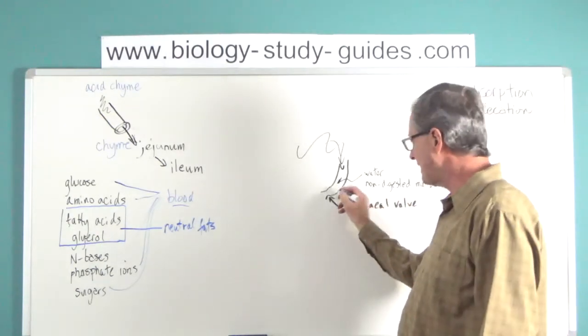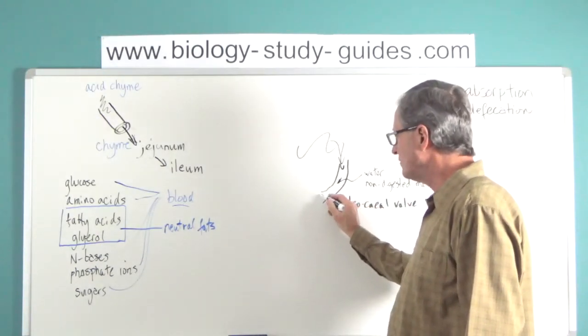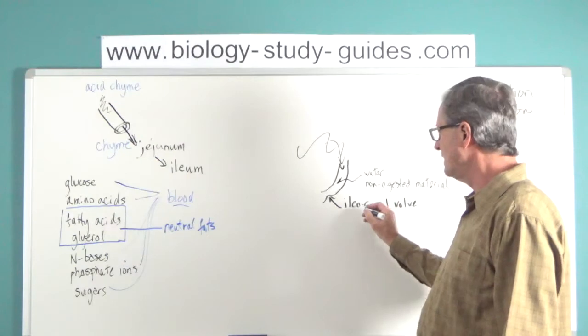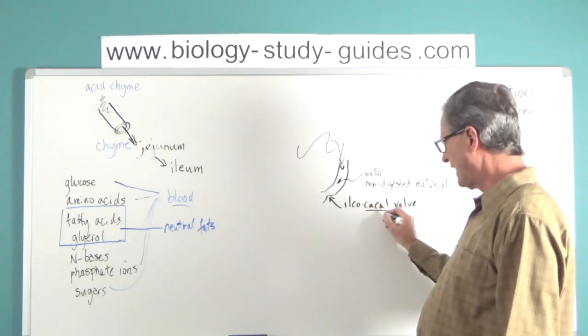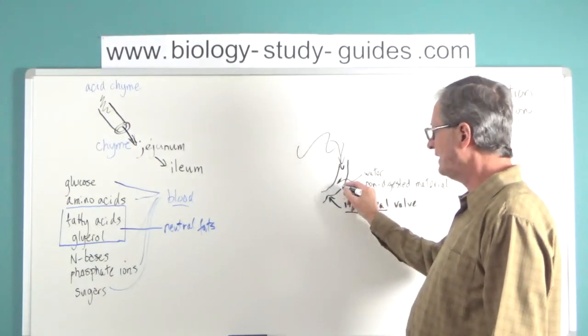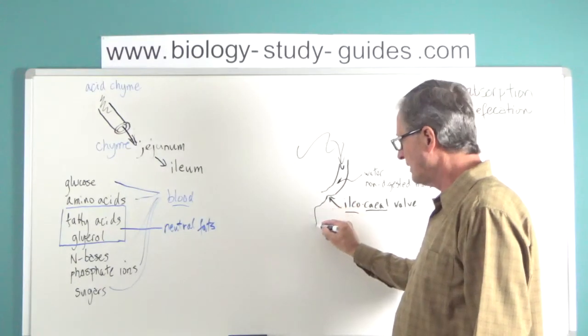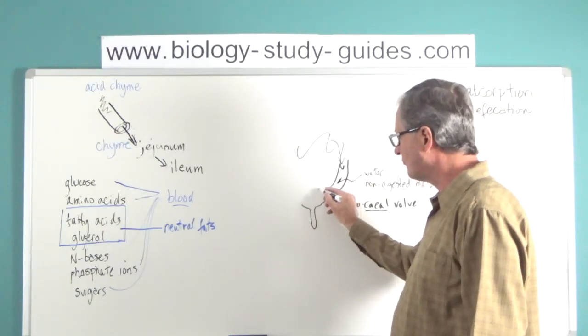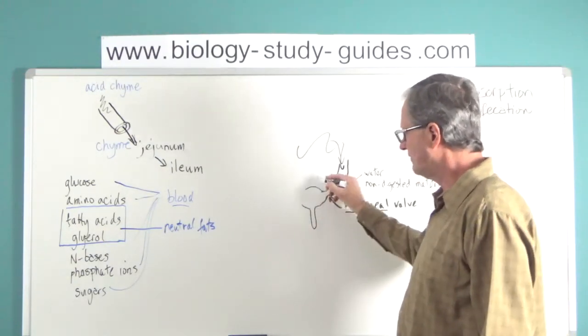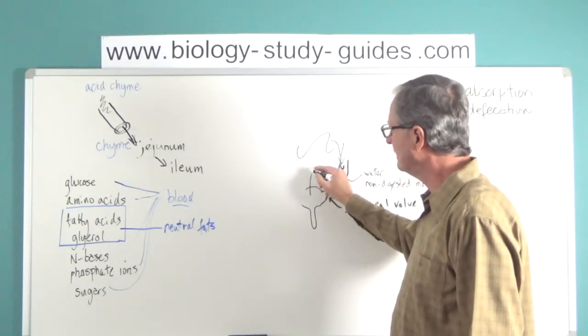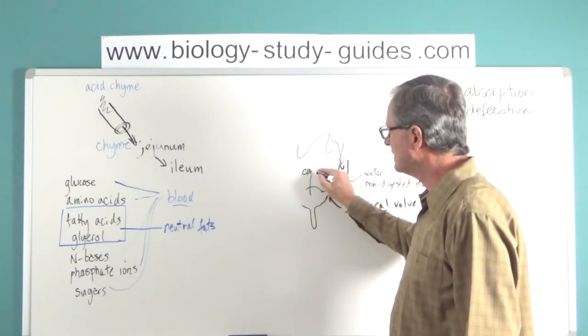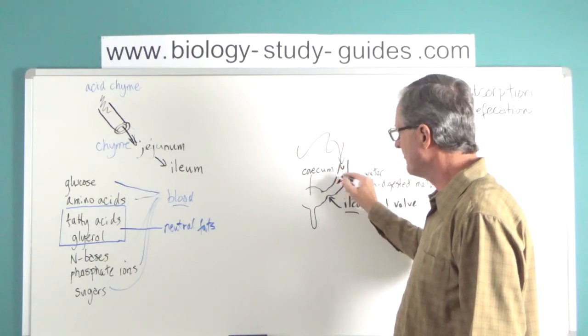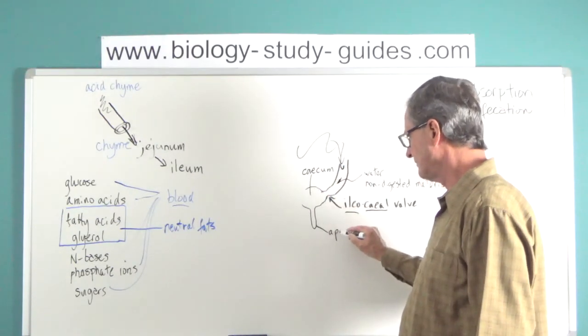And it goes past this ileocecal valve into the first part of the large intestine, which is actually the cecum, hence the name ileocecal, from the ileum to the cecum. Extending down from the first part of the large intestine, the colon, this being the cecum, is the appendix.